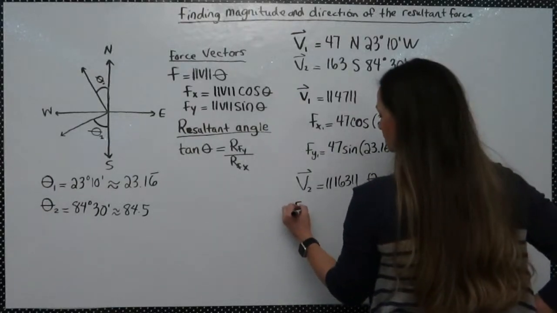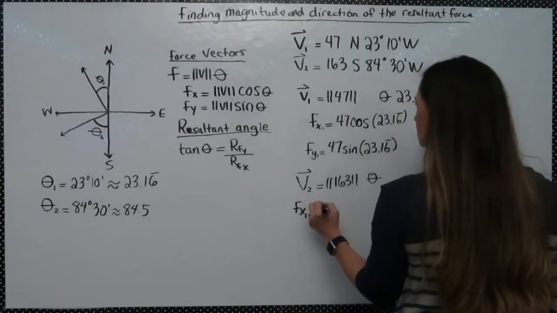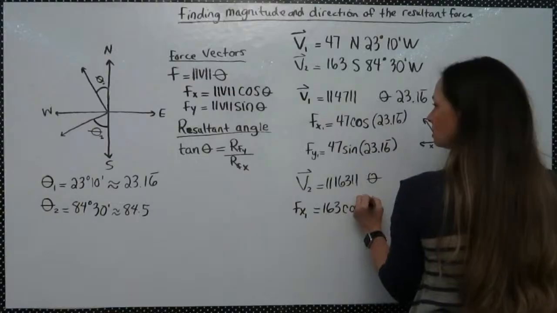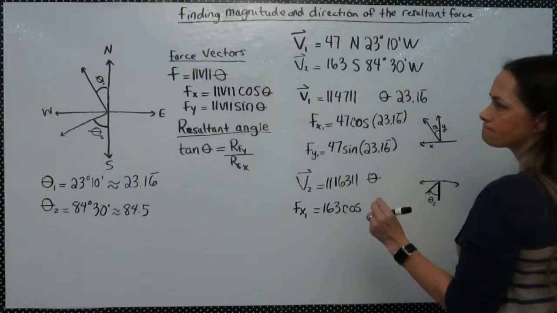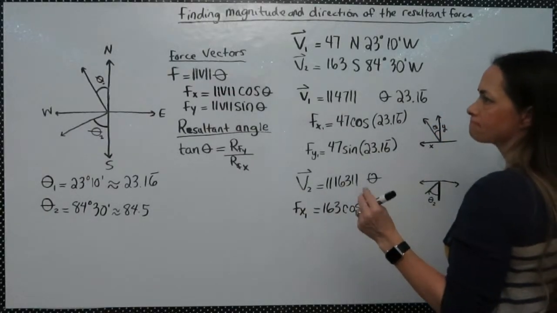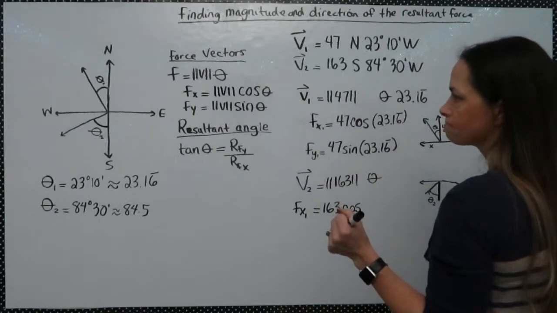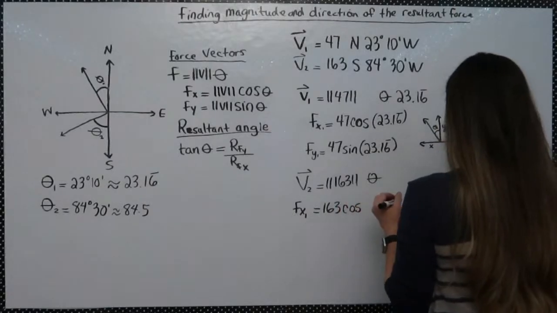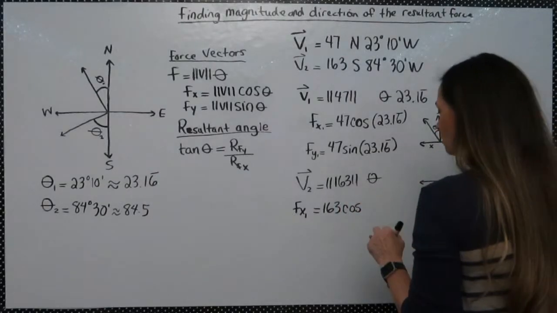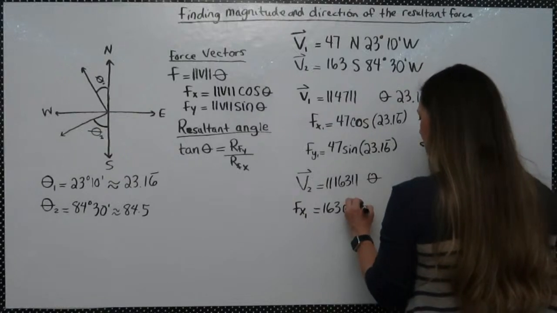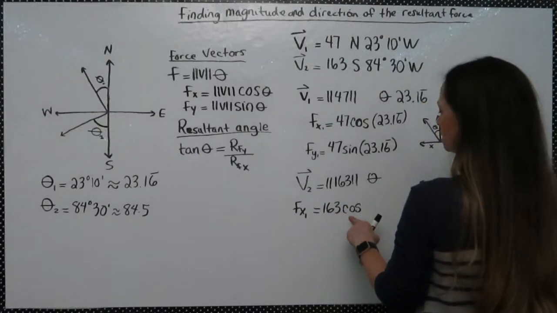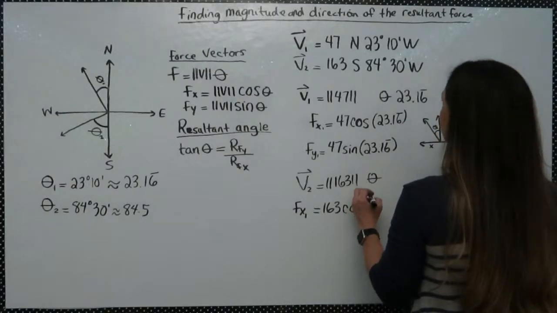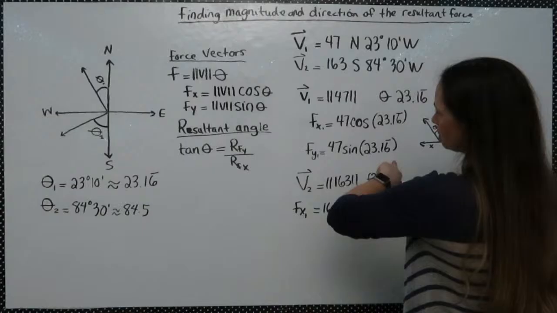So F sub x sub 2 is 163 cosine of, we'll just try and see how it works out. I could be working this wrong. I don't think I am, but I could be because this is uncharted territory for me. 163 cosine of this other angle, 84. Oh, I have it right here.